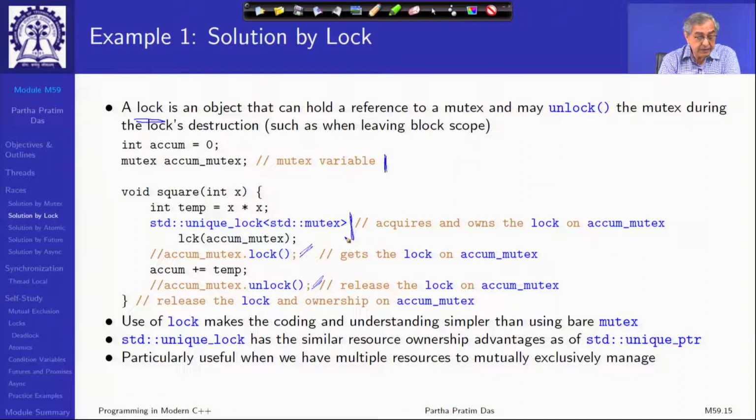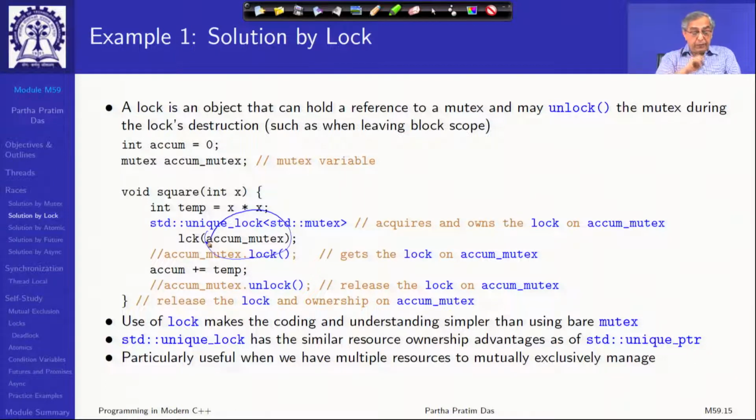That is, you say std::unique_lock, which is available in the mutex component, and pass a template parameter mutex. Then this is your lock variable and this is the mutex that you are locking. So, a unique lock is a template which takes an object of a certain type and locks it. Here it is taking an object of a mutex type, and that object is the mutex that I have created, this accum mutex, and it locks it.